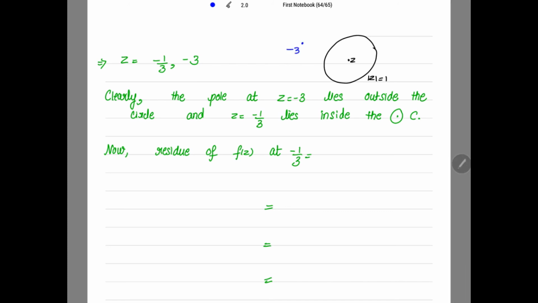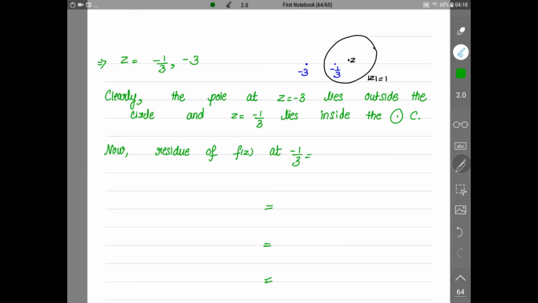Minus 3 is over here, and minus 1 by 3 lies inside the circle. I'm very sorry. Now clearly the pole at z equal to minus 3 lies outside the circle and z equal to minus 1 by 3 lies inside the circle.